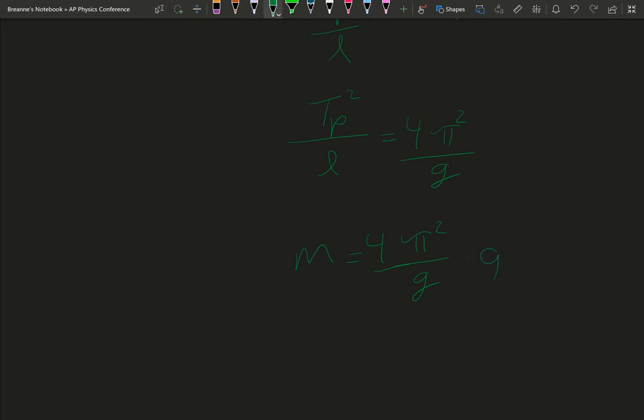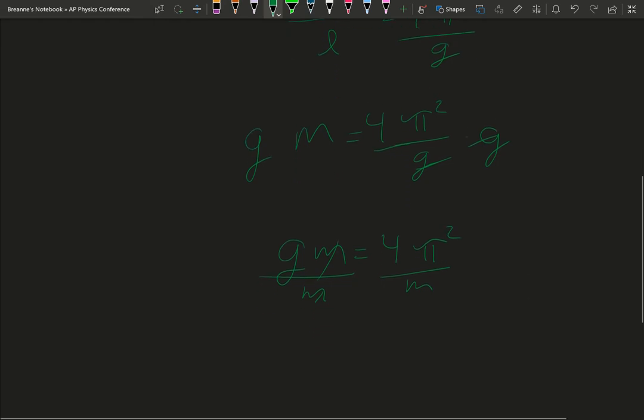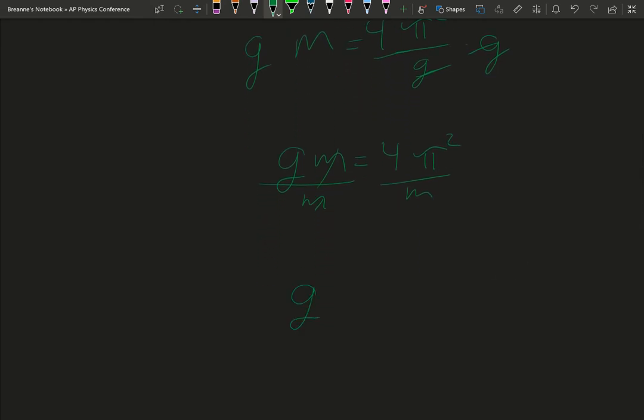So all we're going to do is multiply both sides by g, because we never want what we're looking for on the bottom. So we get g m equals 4 pi squared. And then we're just going to divide by m, which is our slope. g equals 4 pi squared over m.